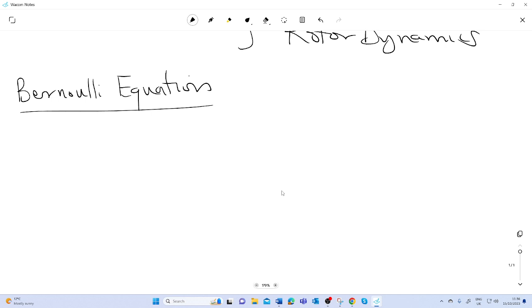Bernoulli equation always states that half rho v squared plus p equals constant.